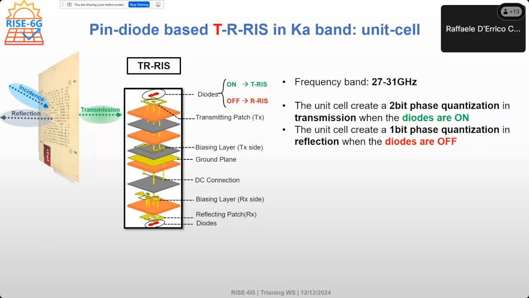So we have the practical implementation of this with CA, which is basically a RIS that provides a 2-bit phase quantization in transmission and 1-bit phase quantization in reflection.